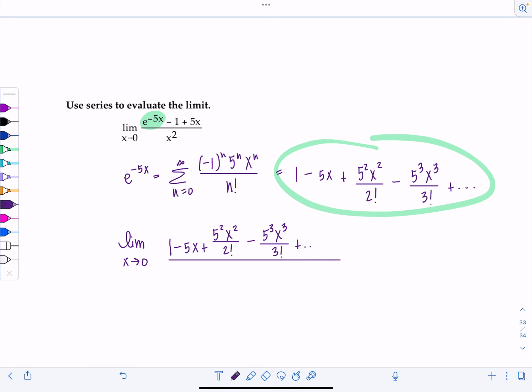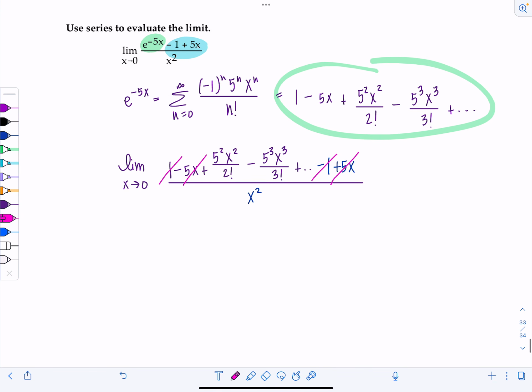And then you still have all this goodness: minus 1 plus 5x over x squared. Usually some cutesy little cancellation will happen here. So the 1 cancels, the 5x cancels, and then let's see what we're left with.